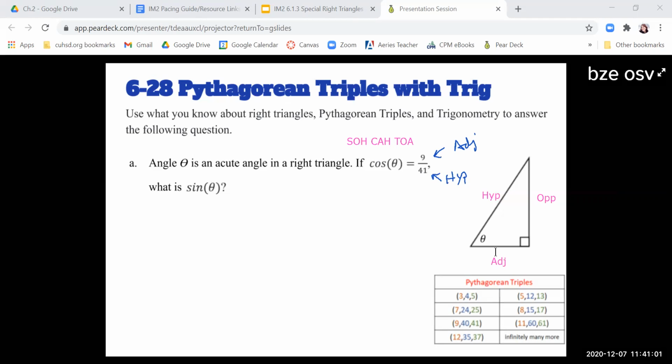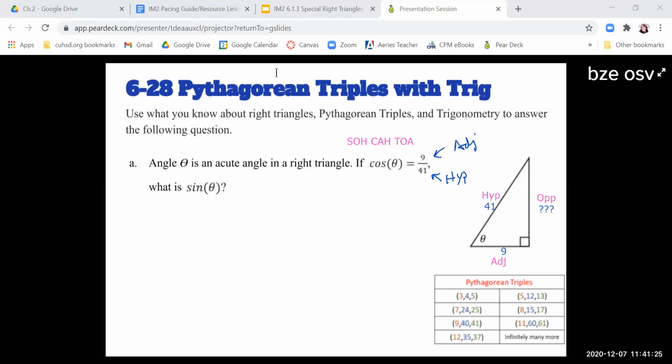9 is adjacent, so I'm going to type a 9 right here. 41 is hypotenuse. And once I have that, the next thing I need to figure out is the third side, because if I know the third side, I can find the sine.